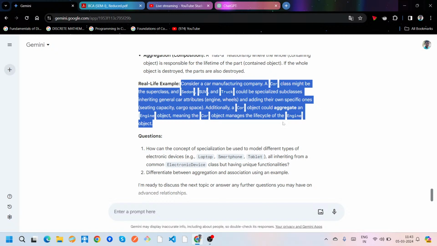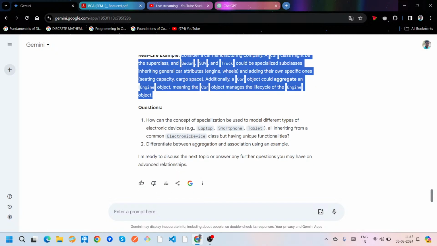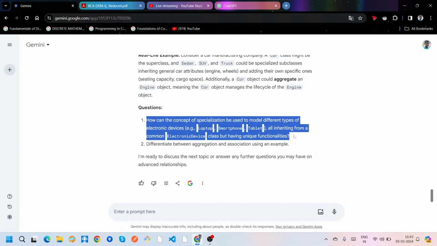Then this topic also has some questions. First question: how can the concept of specialization be used to model different types of electronic devices, for example laptop, smartphone, and tablet, all inheriting from a common electronic device class but having unique functionalities?